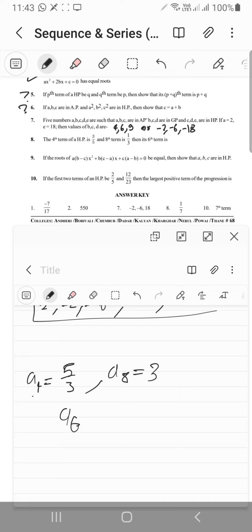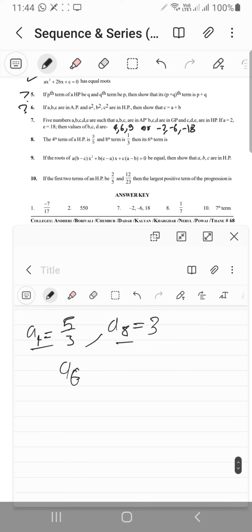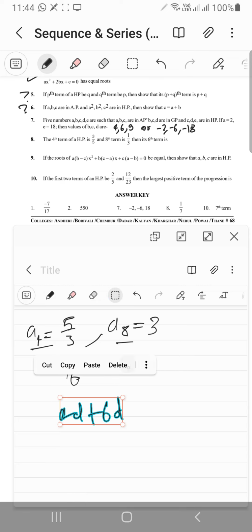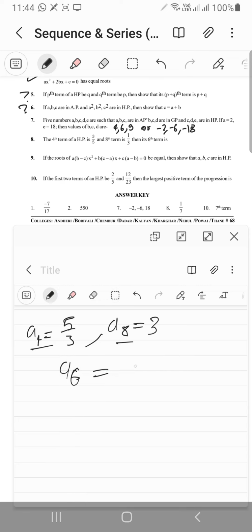Because (4 plus 8) upon 2 is 6. So just do the math: (4D plus 8D) upon 2 is just 6D, so it's A minus D plus 6D, and that's the 6th term, the average of these two. That will be 5 by 3 plus 3 upon 2, which is 5 plus 9, which is 14. 14 upon 2 is 7.